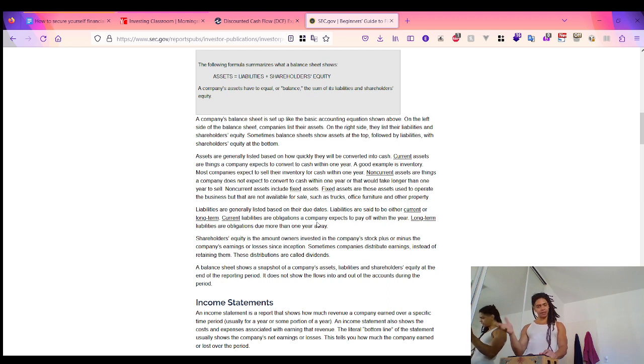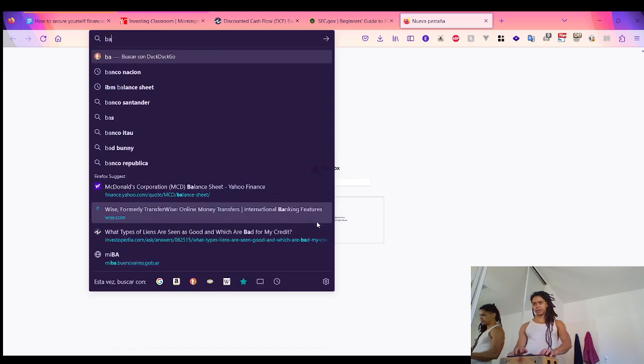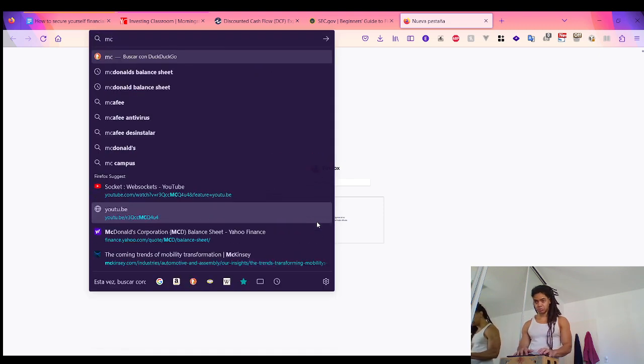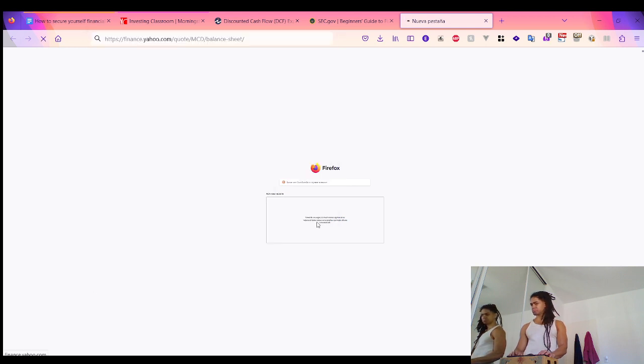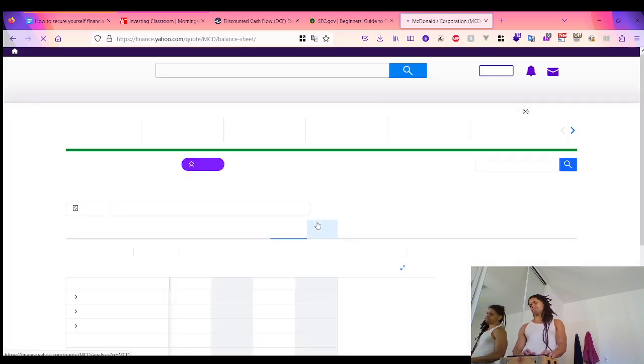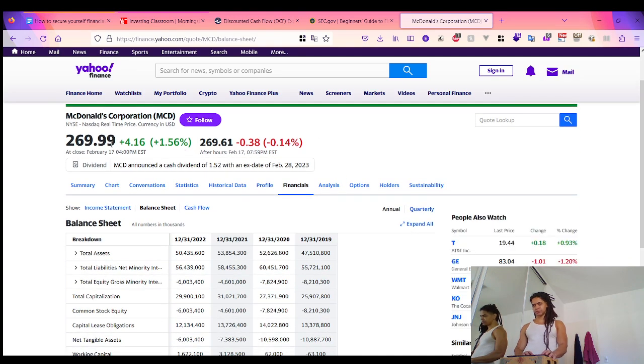Sometimes a company can redistribute earnings instead of retaining them, and this is called dividends. An example of dividends: let's say I look at McDonald's Corporation.